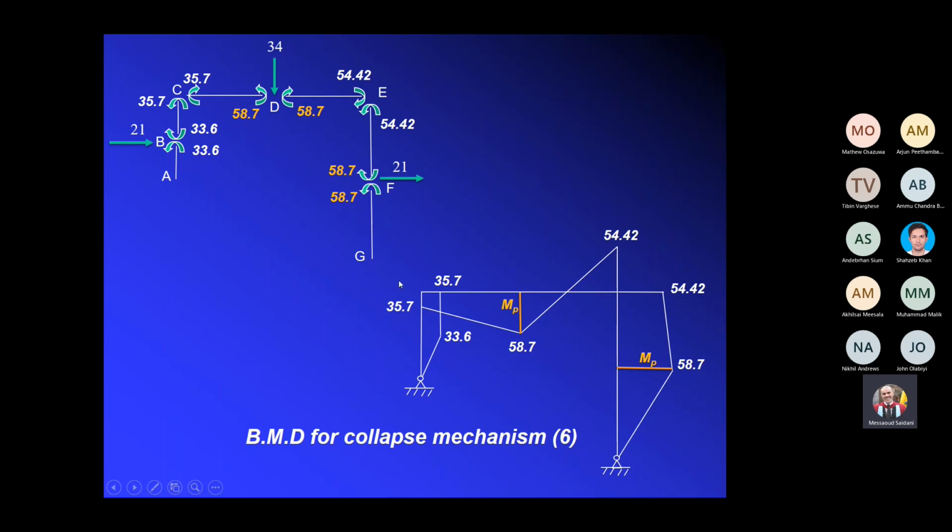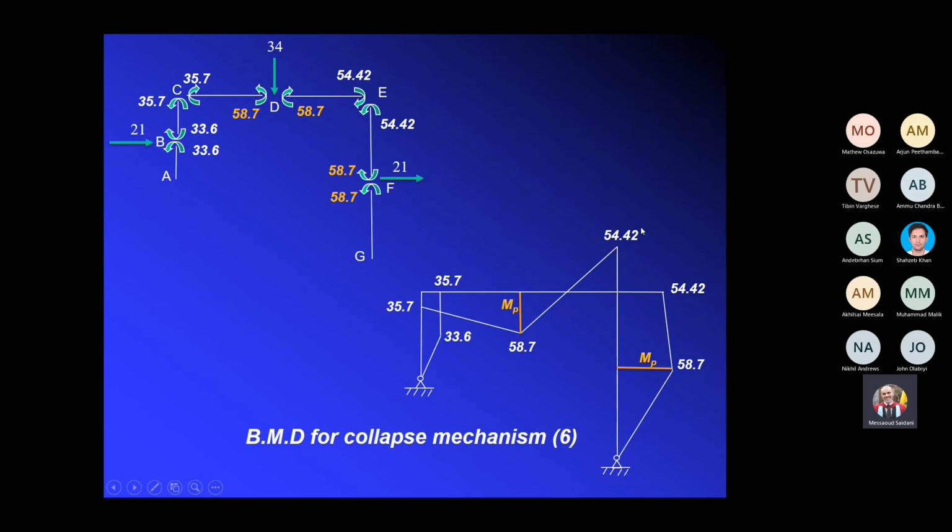And then you join the points together, and this is the annotated bending moment diagram for the whole frame for the collapse mechanism. This is the bending moment diagram for the true collapse mechanism, okay? We have determined everything. The only thing, if you want to do it as an extra exercise, is to determine this point of contraflexure.